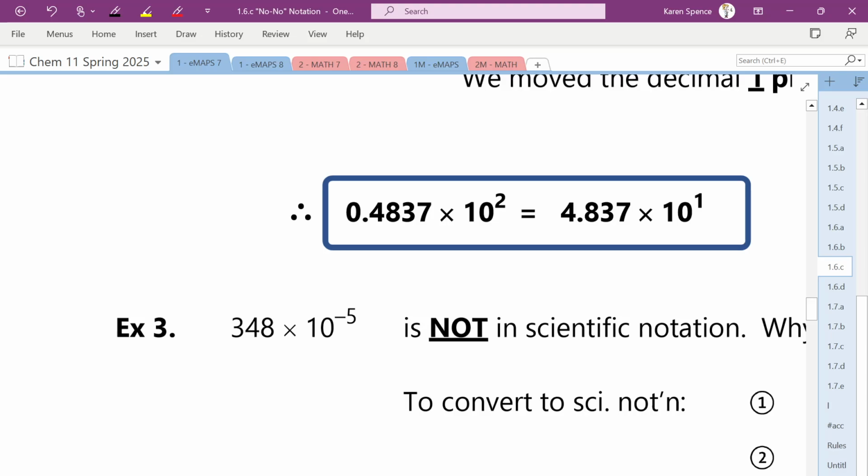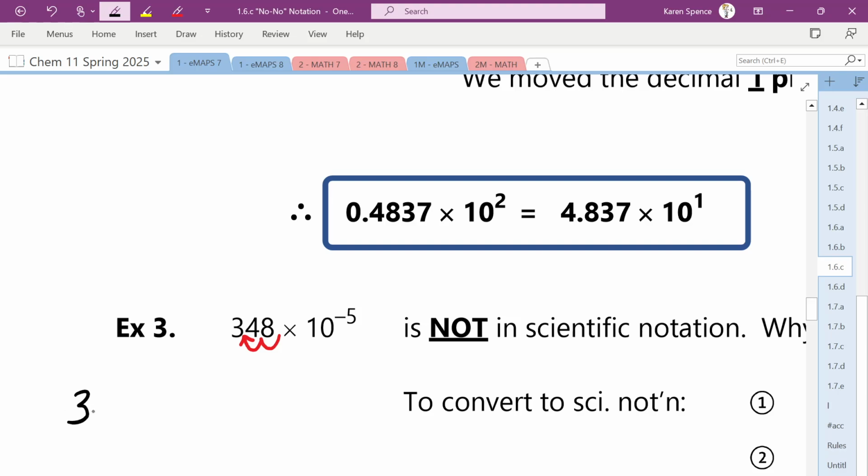How about this lovely one here? Example 3. Scientific notation or not scientific notation? That is not scientific notation because we've got 1, 2, 3 digits in front of the decimal. So we would need to move our decimal place 2 places to the left.